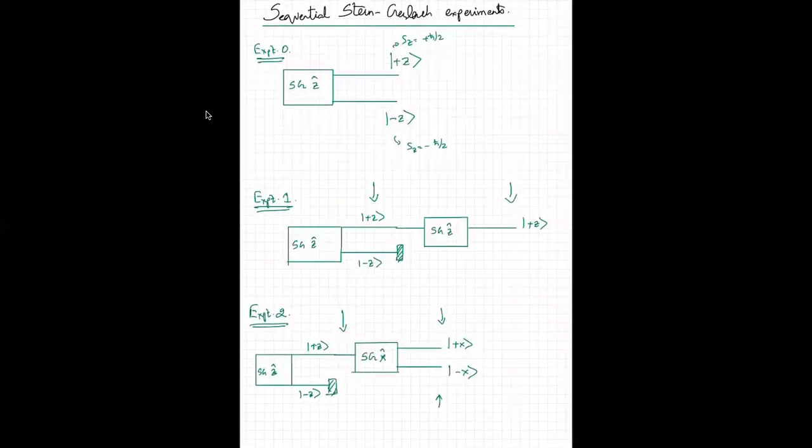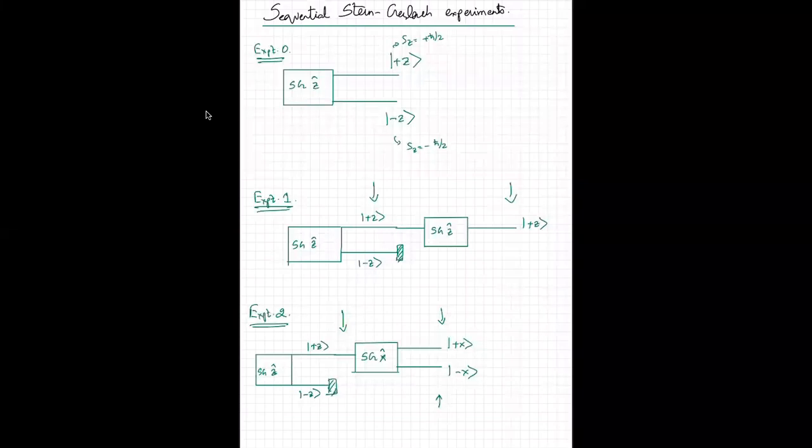So experiment number 1 is very simple to understand. After you pass the first beam through the SG apparatus with the inhomogeneous magnetic field in the z direction, you block out the minus z beam, and when you put the plus z beam in the path of another SG experiment, since the state of the system is Sz equal to plus h bar over 2, you're effectively measuring Sz again.